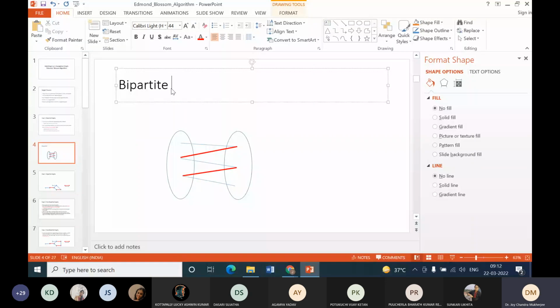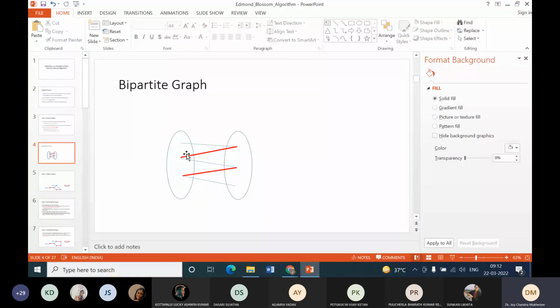When I discover an augmenting path starting from partite X, the end vertex must be in partite Y. See, in this case there is an augmenting path.